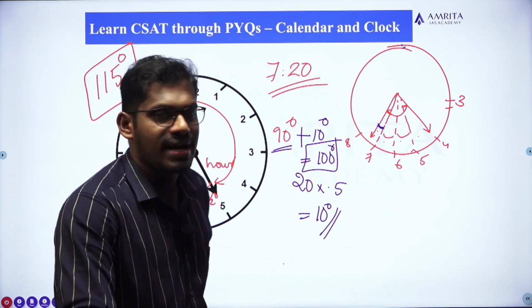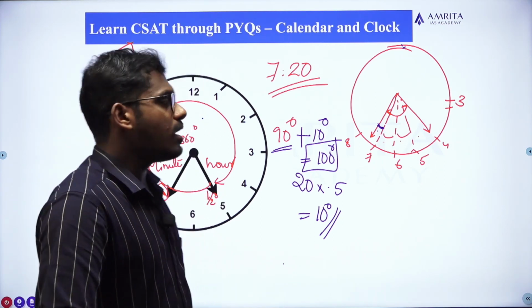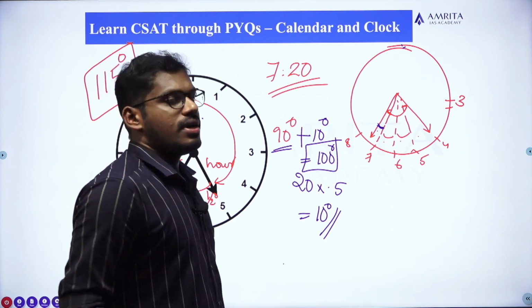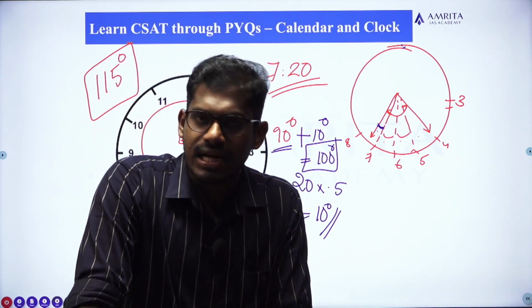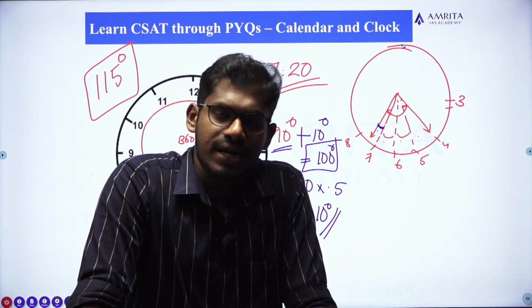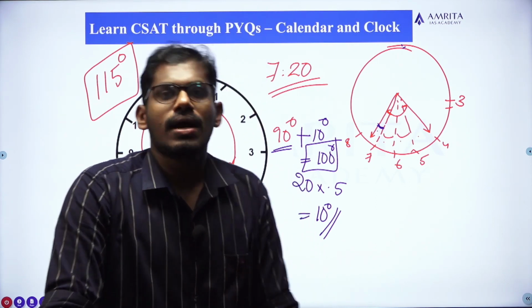So by using this basic idea, let's move to the questions. However, there is one more method by which we can find the angle between hour hand and minute hand.